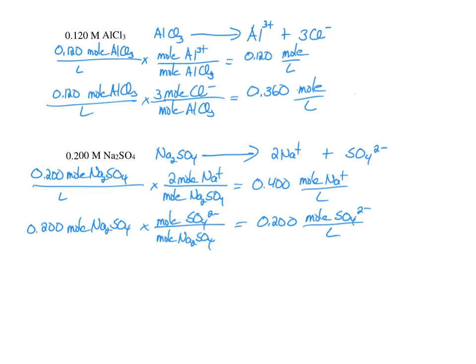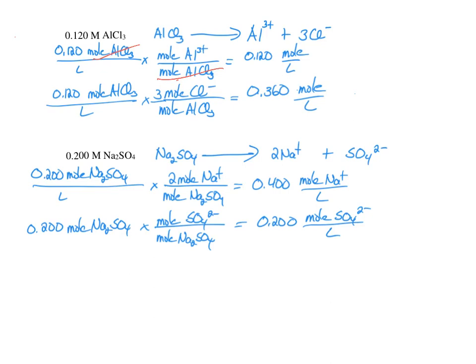So if we look at how these things cancel, in the last 2 problems, in each case our moles of solute is the entire ionic compound. So here we have moles of aluminum chloride canceling out, so we have moles of aluminum 3+ ion in the first part.